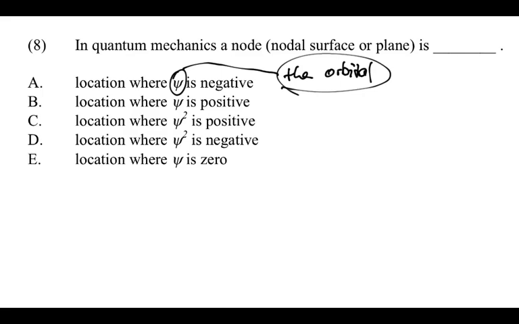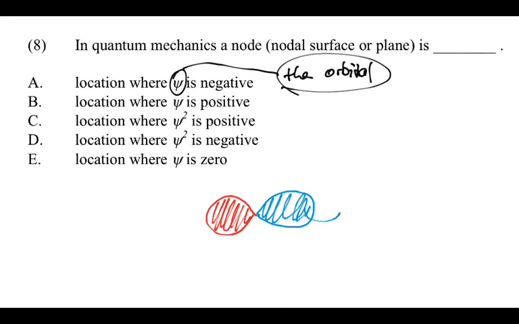It's the same thing. Now, we've talked about nodes. I'll give you an example, the one I put in the video, a p orbital. It looks like a dumbbell, with a left part and a right part, which I drew in red and blue.